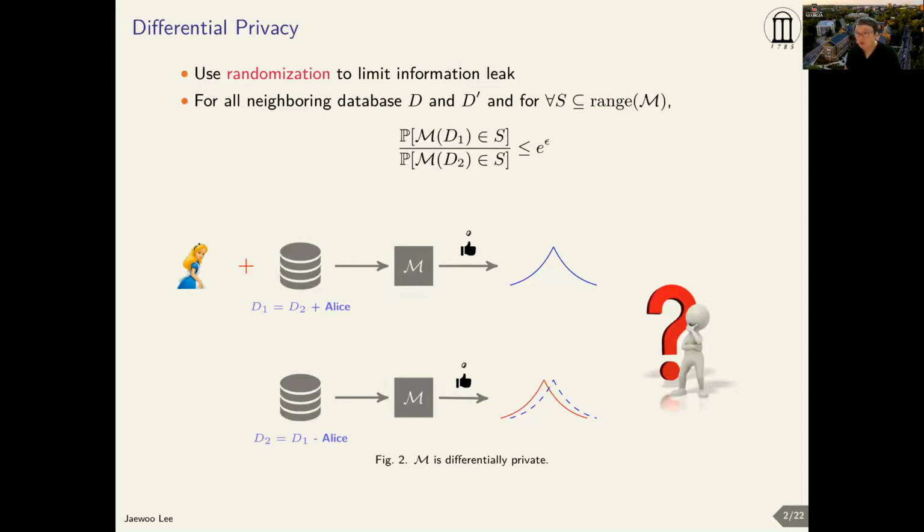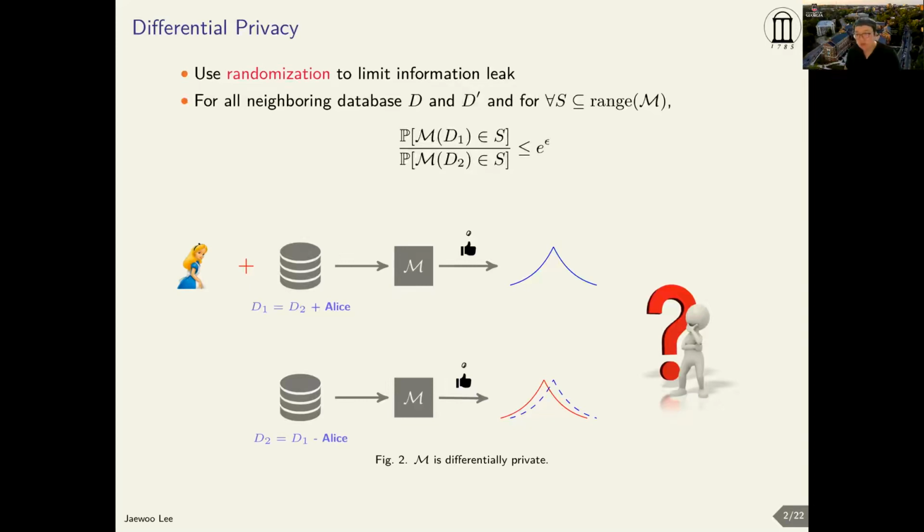Before we define differential privacy, we first need to define neighboring data sets. We say two data sets, D1 and D2, are neighboring if they are exactly the same except one individual's record. For example, as shown in the figure, the one with Alice and one without Alice record.